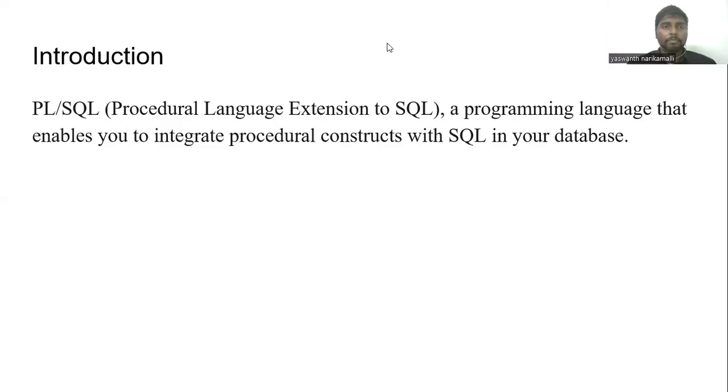Let's say I want to fetch details from a particular table at particular instant. Let's say I want to fetch a particular student name from the students table, as well as the address of the student, and then the mobile number of that student's parent.